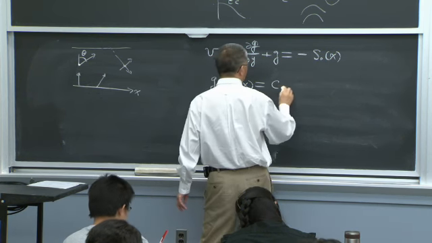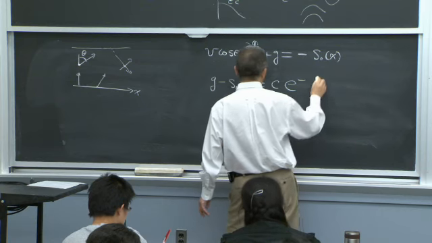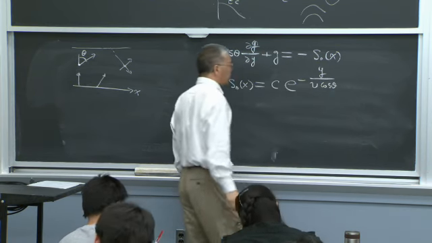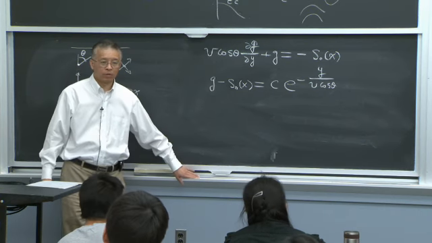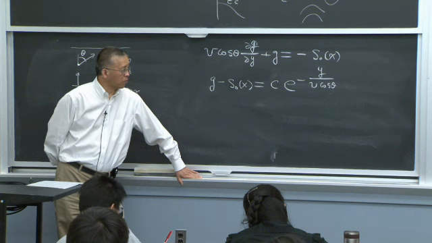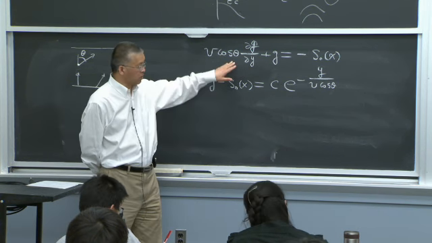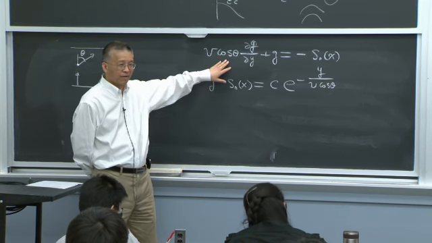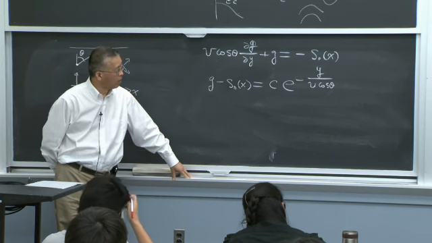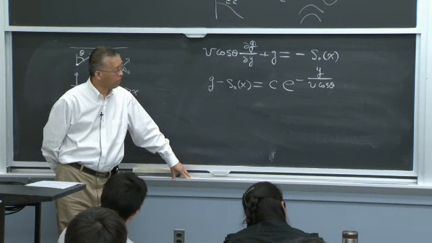So I have the exponential of minus y over V cosine theta. That's my solution. And you plug this back in here. If you don't believe it, you can check. That should be 0.